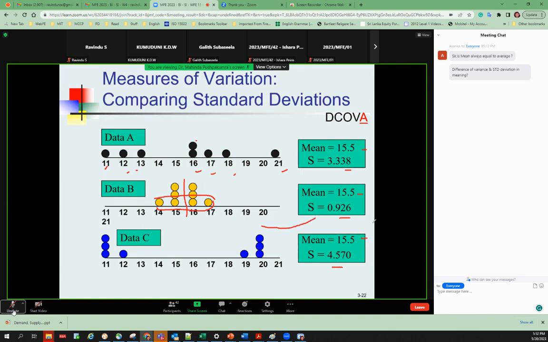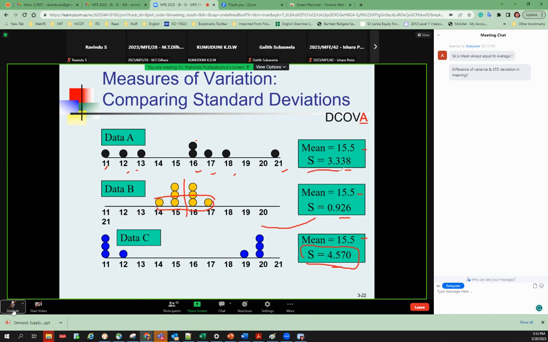When the standard deviation is low, it indicates that the data are concentrated around the mean. If it is a higher value, it indicates that data are scattered and not around the mean. They deviate from the mean.